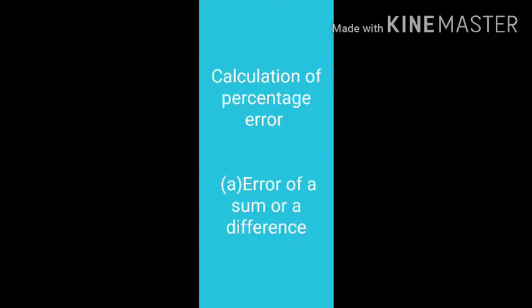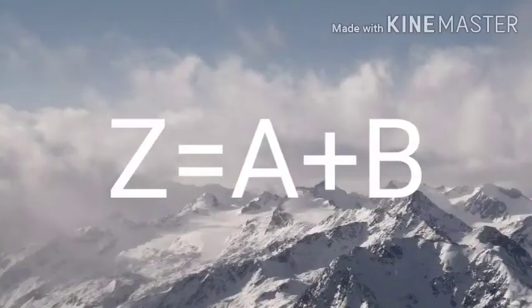Now, we will calculate the percentage error of some known and unknown physical quantity. Error of a sum or difference. This is the known physical quantity, because we have considered a physical quantity z, that is a plus b.